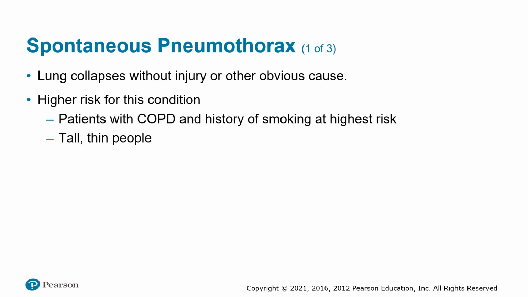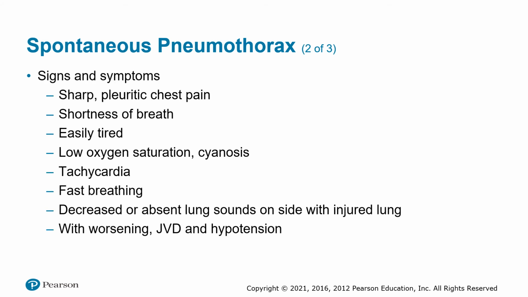Spontaneous pneumothoraxes, this is when the lung collapses without any kind of injury or obvious cause. Tall, thin people are at risk for these, as well as patients with COPD. Sharp pleuritic chest pain, shortness of breath, easily tired, low O2 sat, cyanosis, tachycardia, fast breathing, decreased or absent lung sounds, and then worsening, they'll get JVD and hypotension.